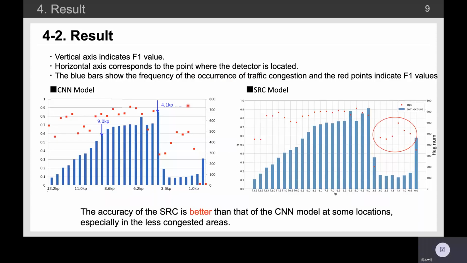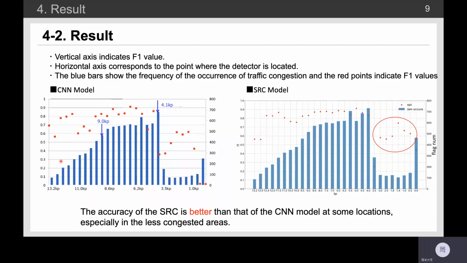In these figures, the vertical axis indicates F1 value, and the horizontal axis corresponds to the point where the detector is located. The blue bars show the frequency of the occurrence of traffic congestion, and the red point indicates F1 value.